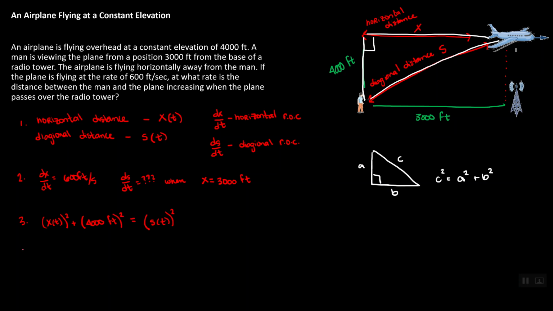Step 4 says to use the chain rule to differentiate both sides with respect to our independent variable.